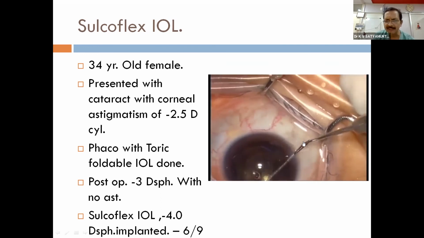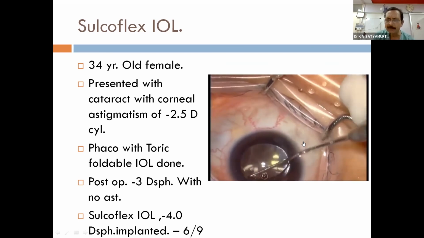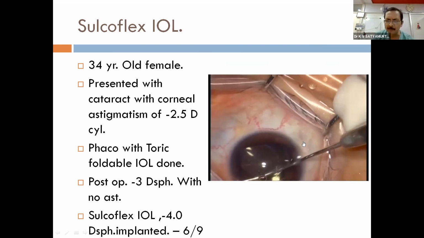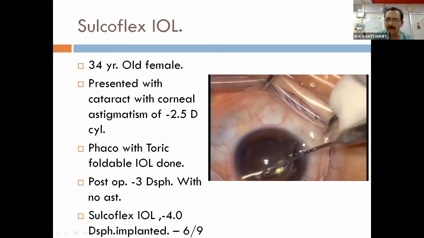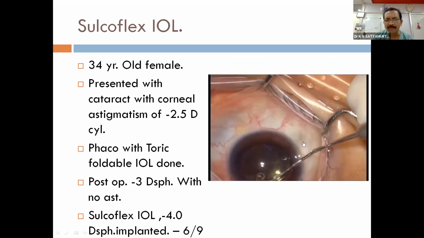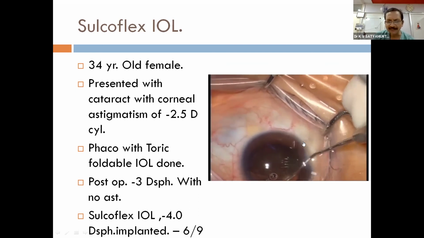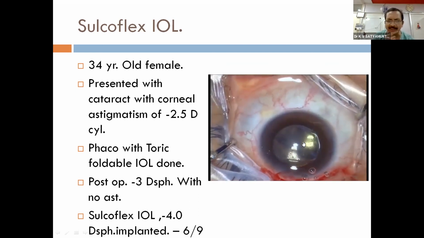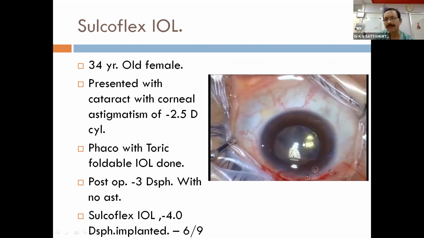It's very, very easy. The whole surgery may take about 5 minutes. In case the anterior segment is small, maybe one can do a small iridotomy to prevent pupillary block. In this particular patient, a -4 lens was implanted, and finally the patient had 6/9 unaided vision, and the patient was happy.